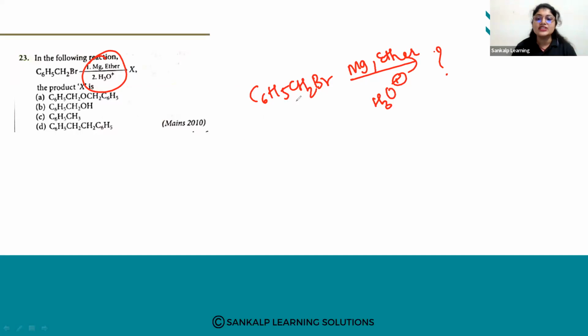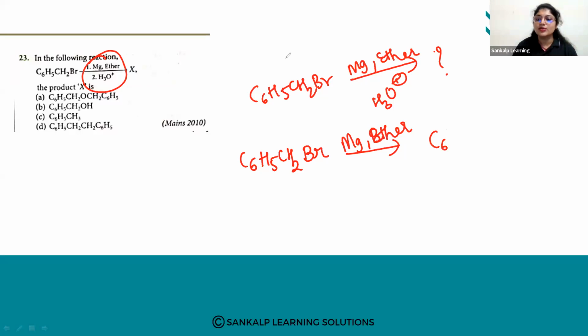C6H5CH2Br in the presence of Mg in ether undergoes further hydrolysis. So what will it form?